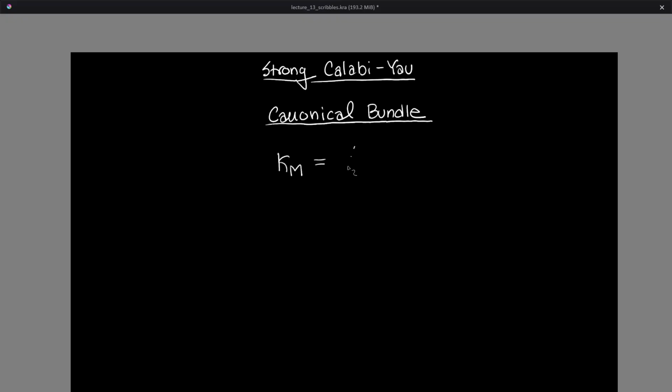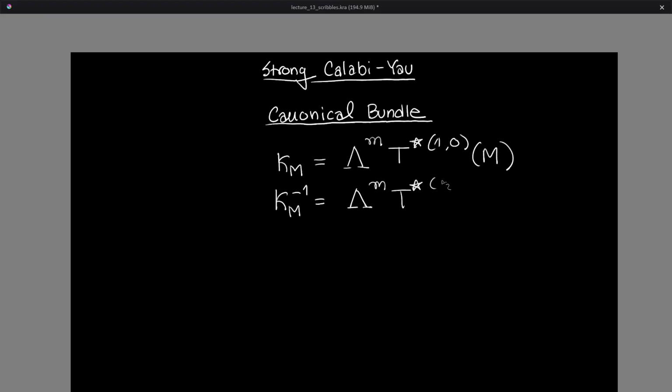It's equal to lambda to the m of T star^{1,0} of M. This is called the canonical bundle. And you can also, by the way, have something called the anti-canonical bundle, which is just lambda to the m of T star^{0,1} of M.